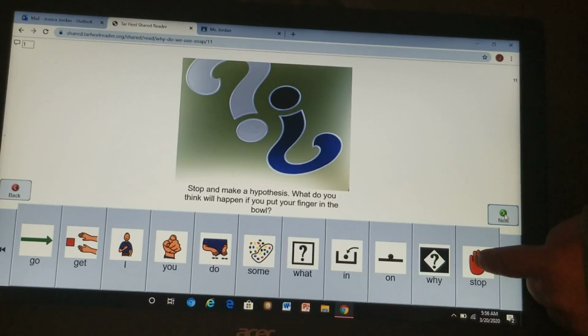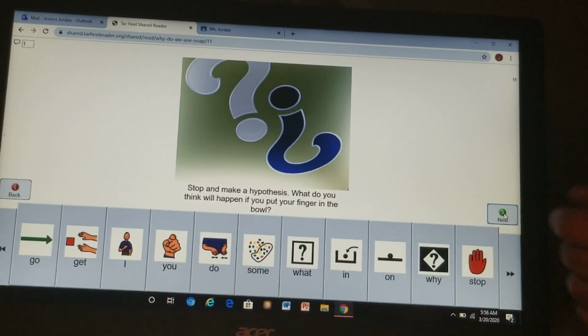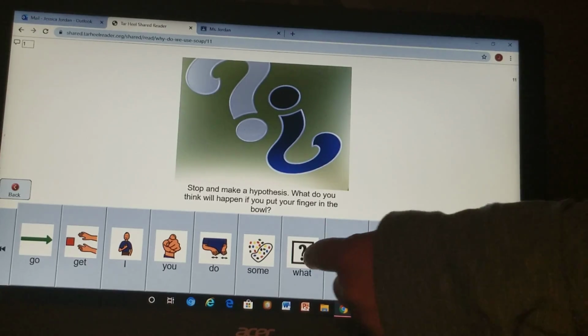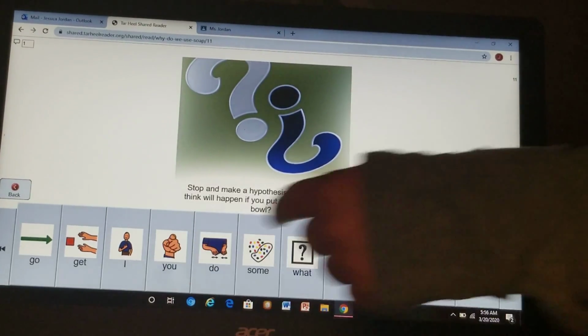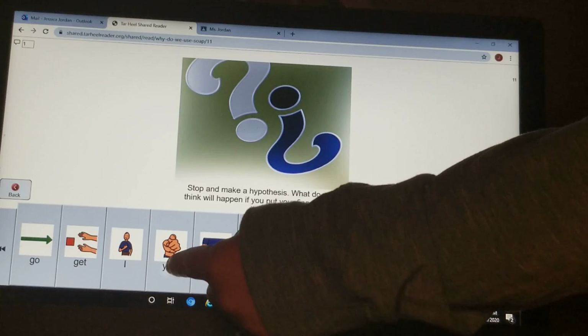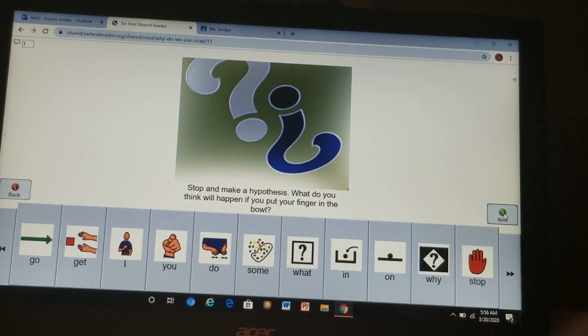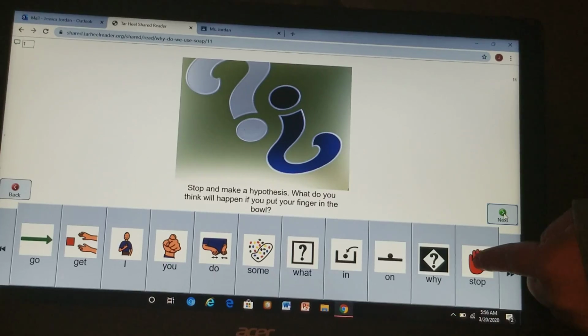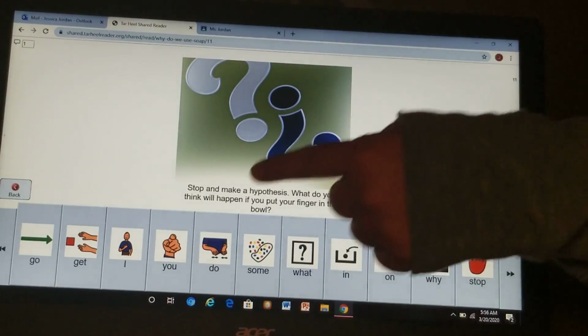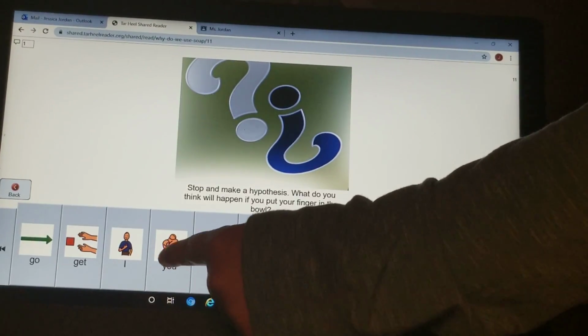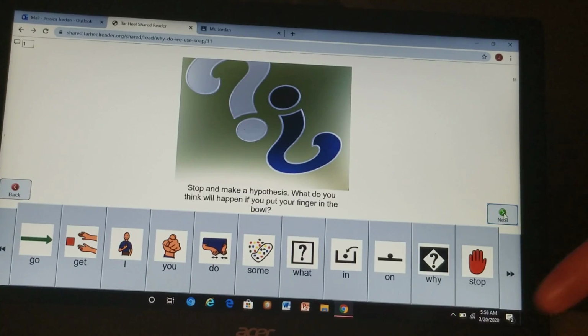Stop and make a hypothesis. What do you think will happen if you put your finger in that bowl? We're going to stop and think about what you think will happen.